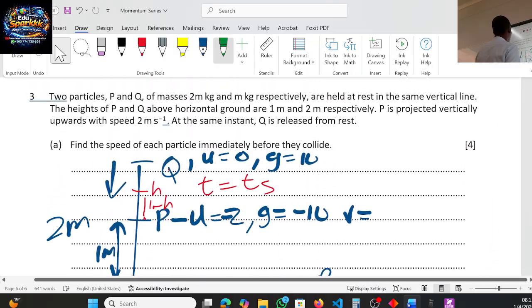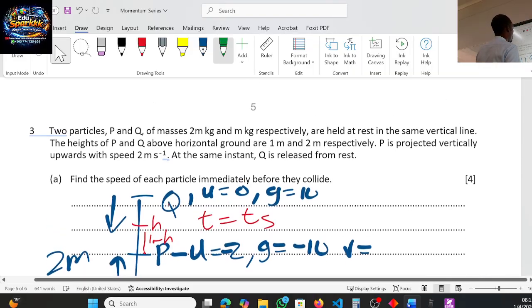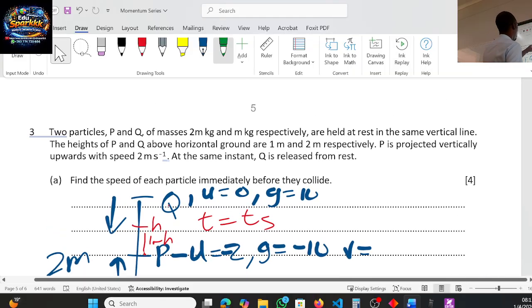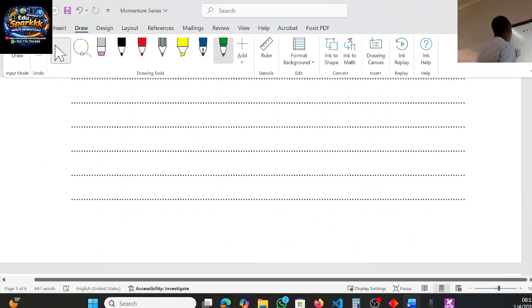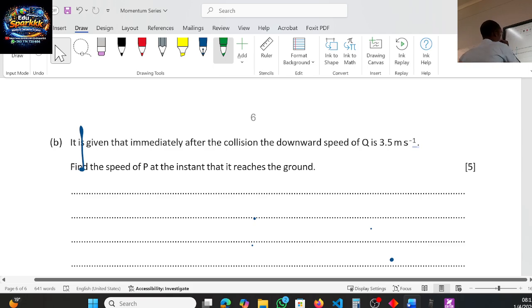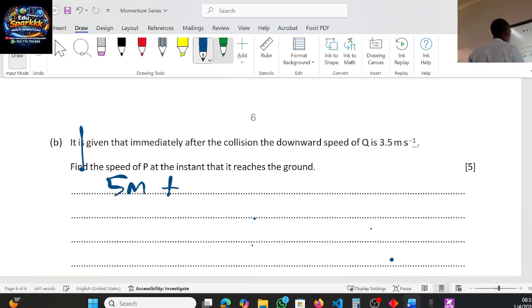Object Q is the one corresponding to this mass, so it's M. So I can say 5M, because its speed was 5. So 5M plus the speed of P was 3, but remember the mass is 2M, being equal to, so this is P, this is Q.